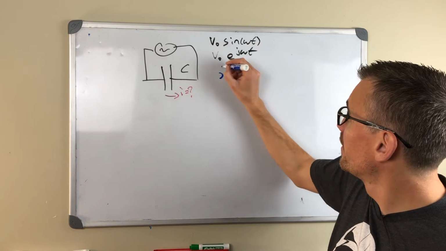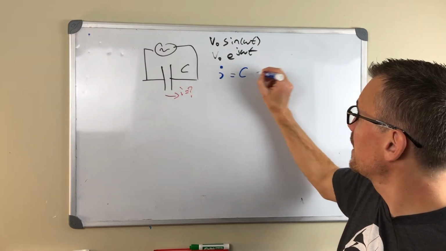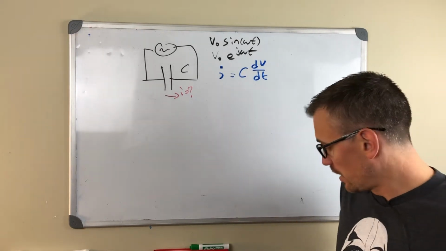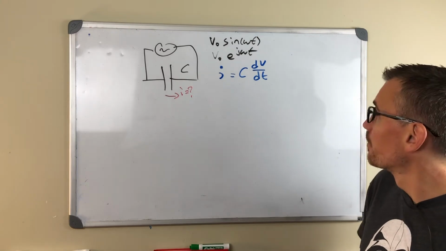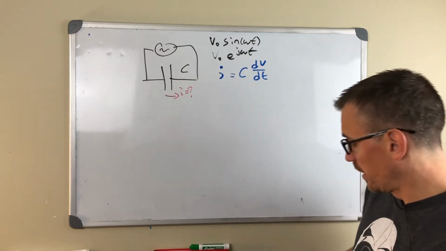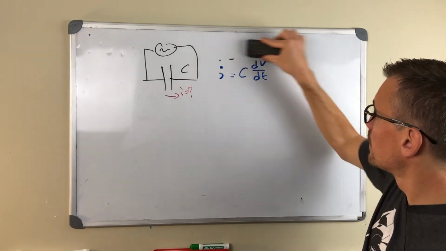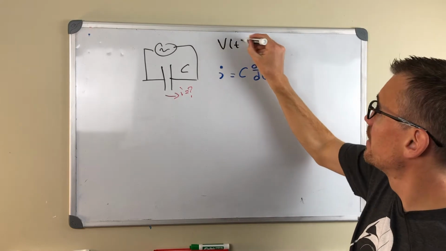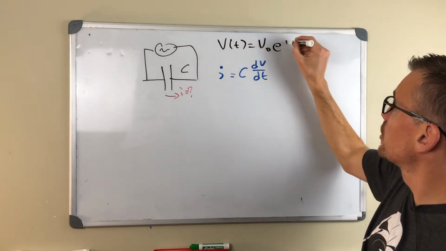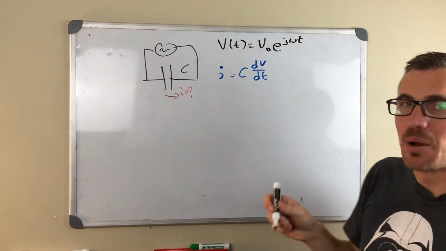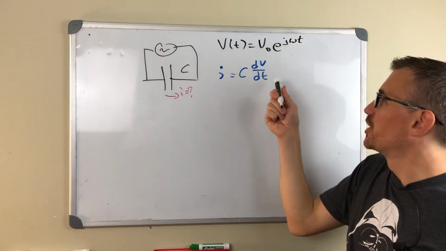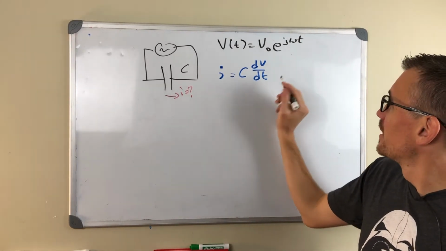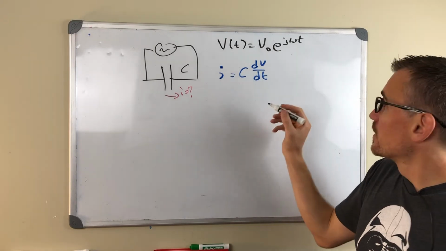We have the current is equal to C dV by dt. This is our fundamental equation for a capacitor. Our voltage, V of t, is V0 e to the j omega t. Now you see why we don't use I for the imaginary number, we use j, because that would be very confusing already, and it would get even more confusing in a few steps. We can take the derivative of this function quite easily.